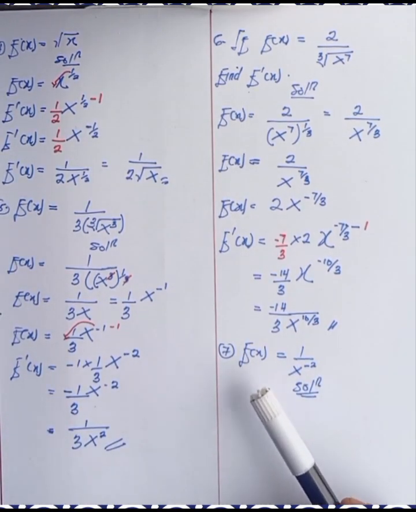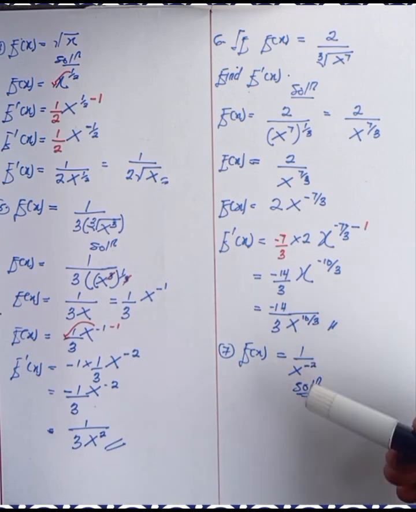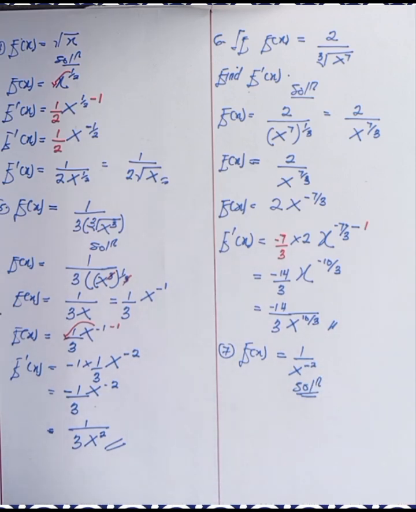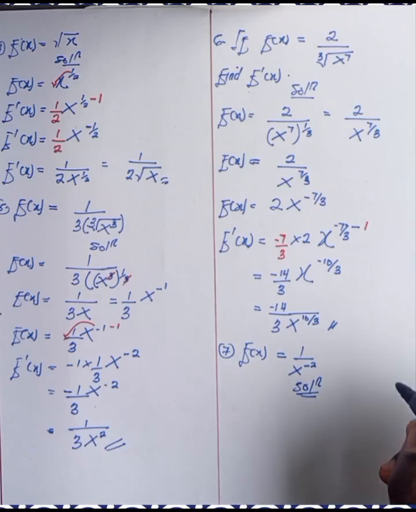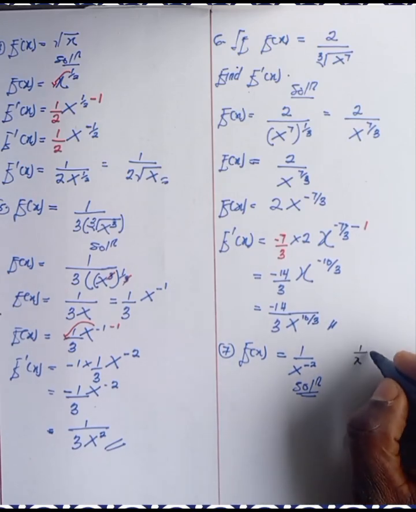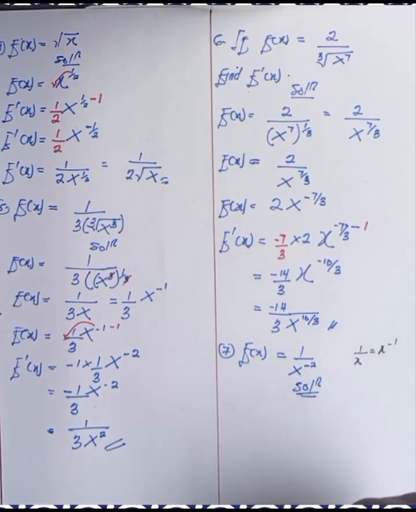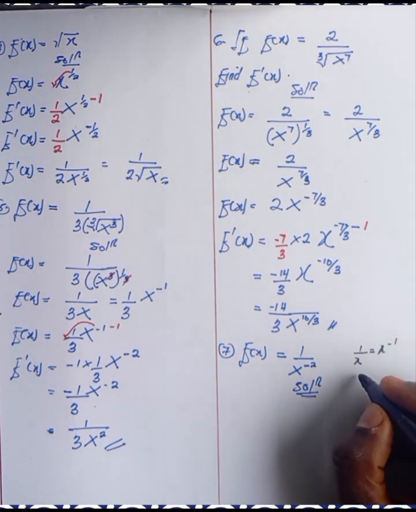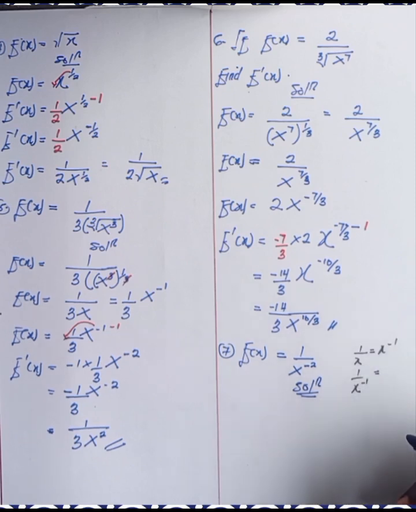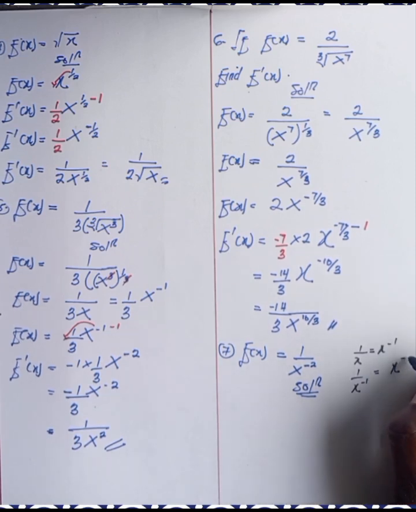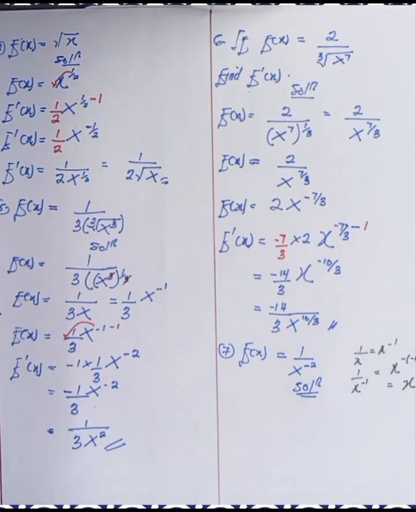So we have the function f of x is equal to 1 over x exponent negative 2. Now we know that 1 over x can be written as x exponent negative 1. 1 over x exponent negative 1 will be what? x exponent negative negative 1, and that is going to be what? x.